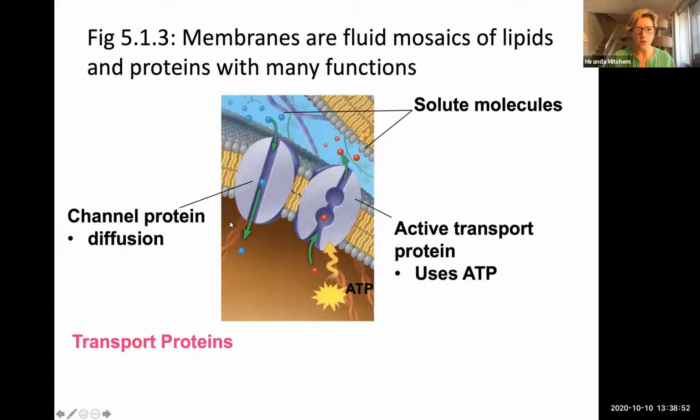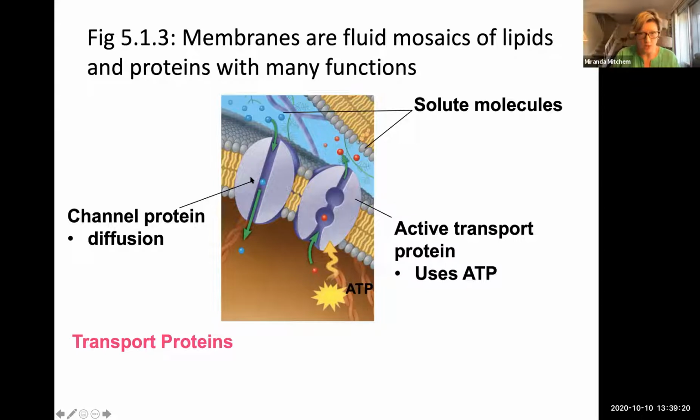We're going to begin first with the channel protein that operates by diffusion. The way I like to think about channel proteins is they're essentially a tunnel that connects the two watery environments, the inside of the cell to the extracellular fluid. And we see this blue solute moves through this channel protein.